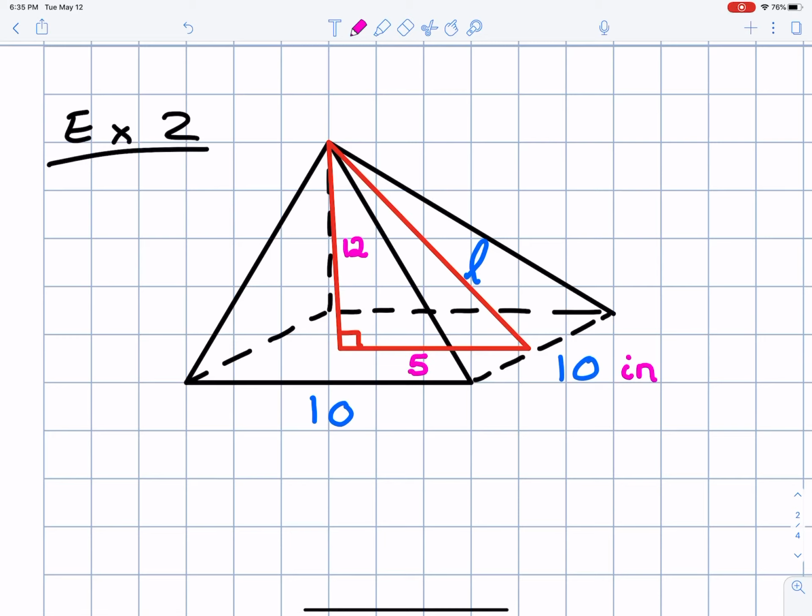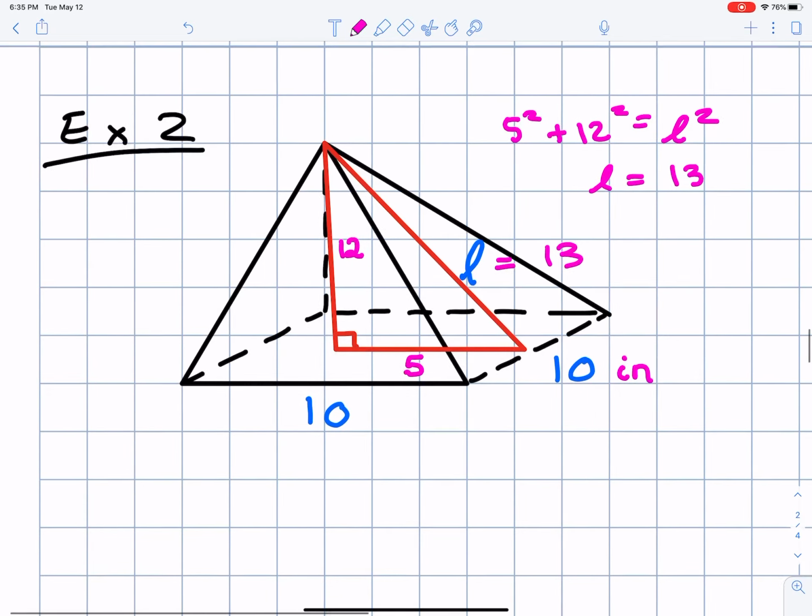Okay? So because of Pythagoras' theorem, we can then solve for this lateral side. We can say 5 squared plus 12 squared equals our lateral side squared. When you solve for that, you're going to get L equals 13. Okay? Now we have every bit of information that we need.